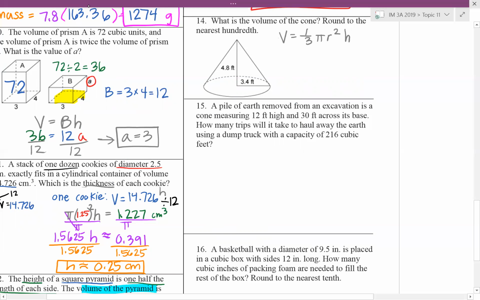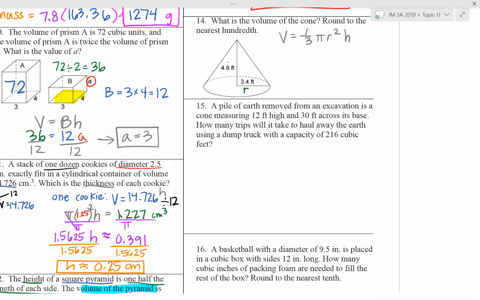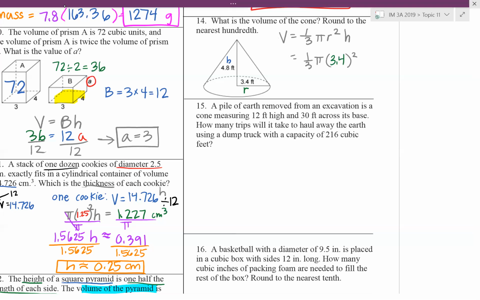If we look at the diagram, r is 3.4 feet and the height is 4.8 feet. So we're just plugging those values into the volume formula: 1/3 pi times 3.4 squared times 4.8.